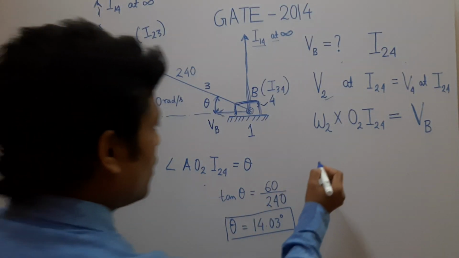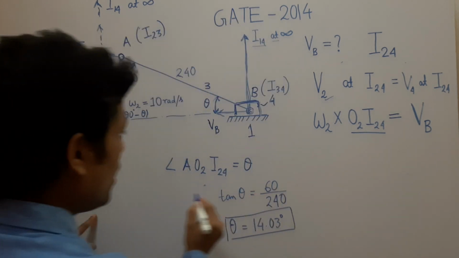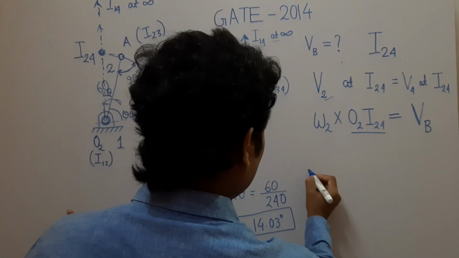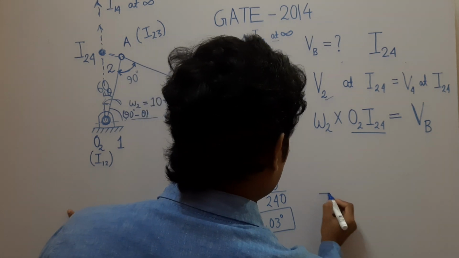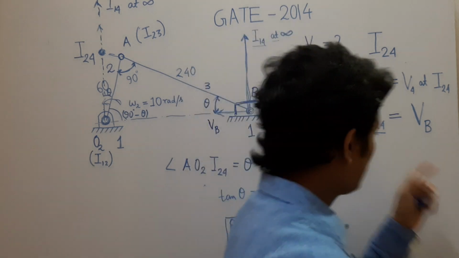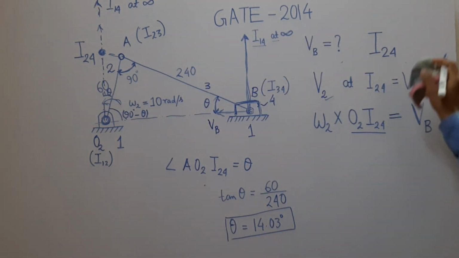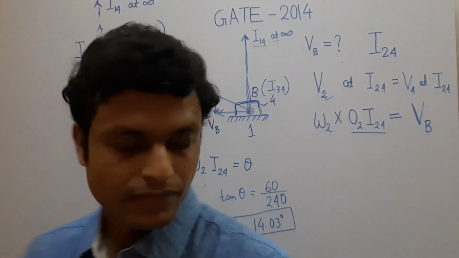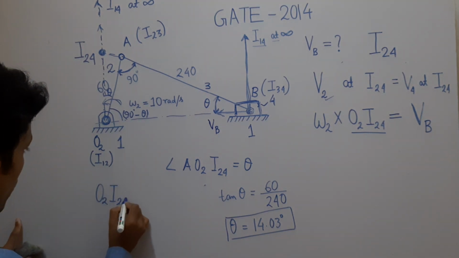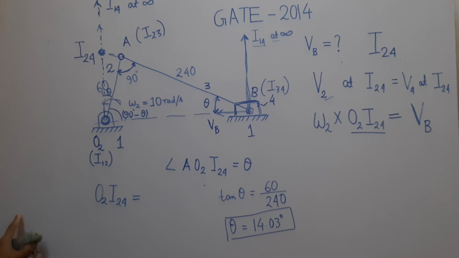So now we have to find O2 I24. If theta is 14.03 degree, then let us find O2 I24. Come to here. O2 I24 is equal to what?